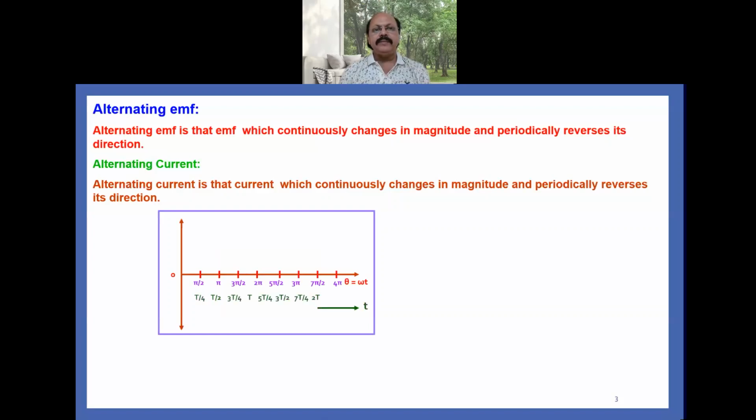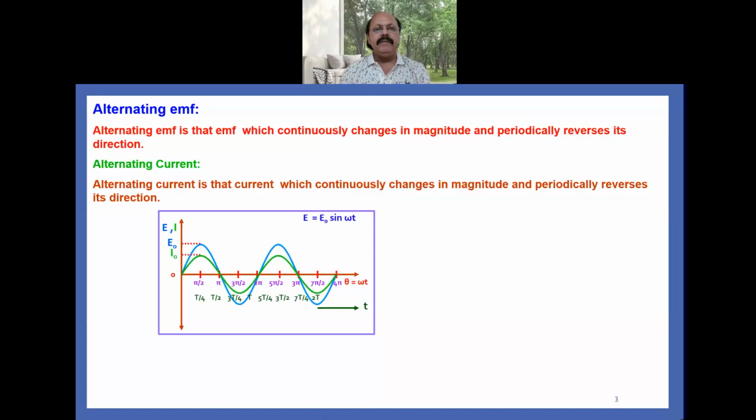We have to take alternating EMF and alternating current on y axis, and on x axis we take time as well as omega t, that is theta equal to omega t.